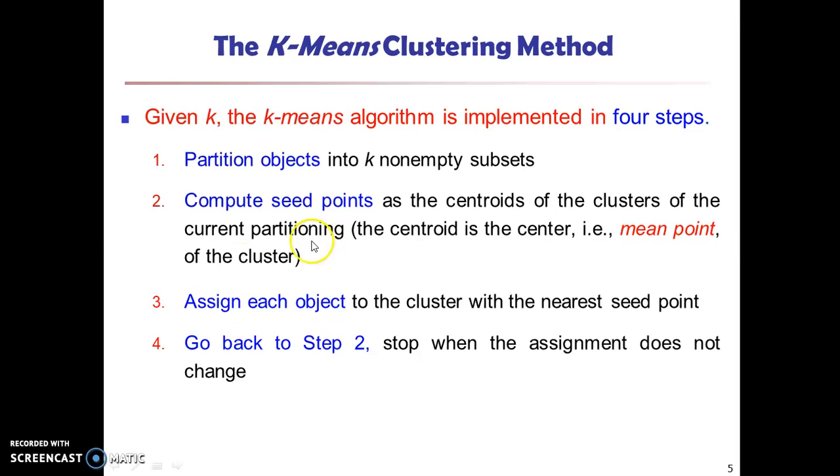And the third one, assign each object to the cluster with the nearest seed point. And fourth one, go back to step 2. Stop when the assignment does not change. These are all the 4 steps we need to remember when you go for implementation of the K-means clustering algorithm.